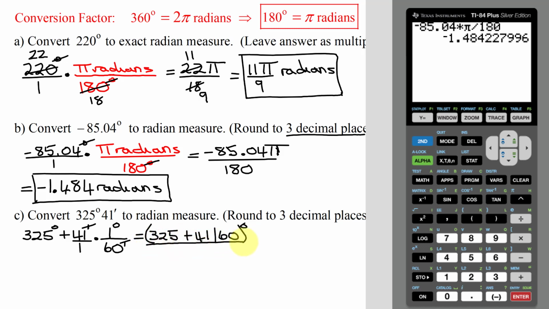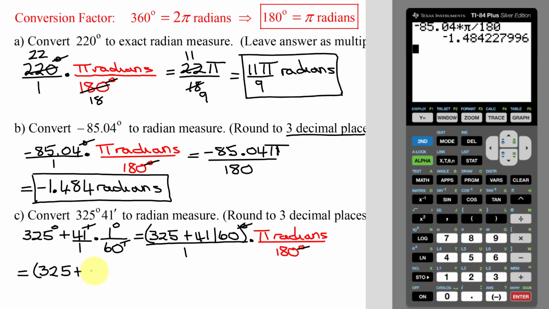And then what I'm going to do is I'm going to multiply, just like before, my exact same conversion factor of pi radians divided by 180 degrees. My degrees reduce, and now I just have to put this expression into the calculator. What I mean by that is I'm going to use parentheses.